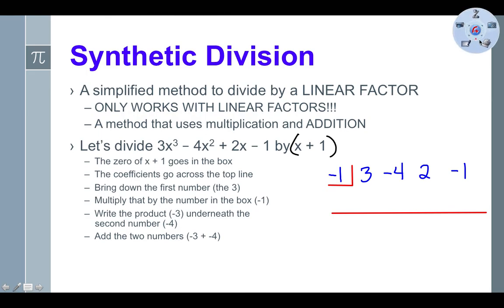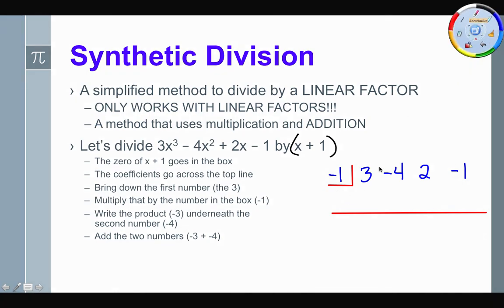All right, let's try this again. We're going to drop down the 3. We're going to say -1 times 3 is -3. We're going to multiply the box by the number at the bottom of the line. We're going to put it right below the -4, and then we're going to add those 2 numbers.